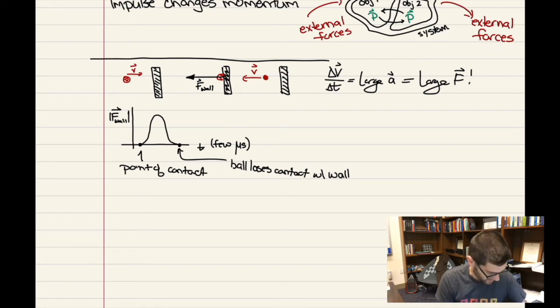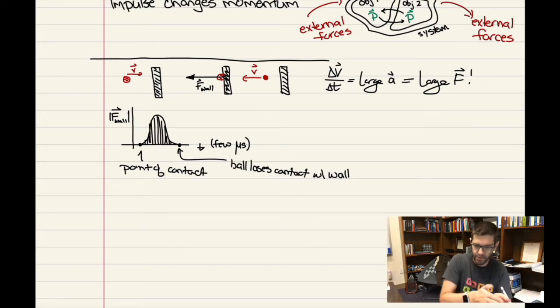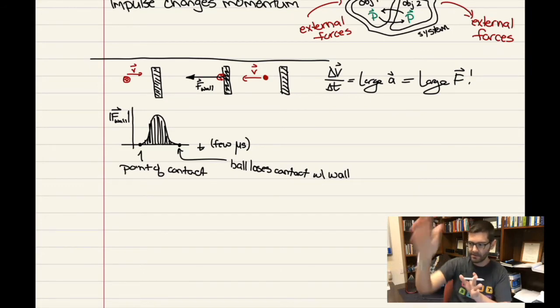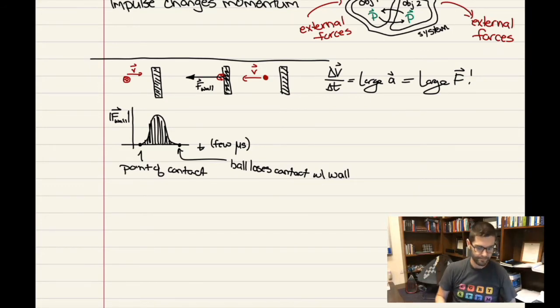It might not even necessarily be symmetric. Depends on the properties of the ball, the properties of the wall. But it would be something that starts at zero, quickly increases, as the normal force really pushes back on the ball. And then as the ball starts to lose contact with the wall, diminishes back down to zero.